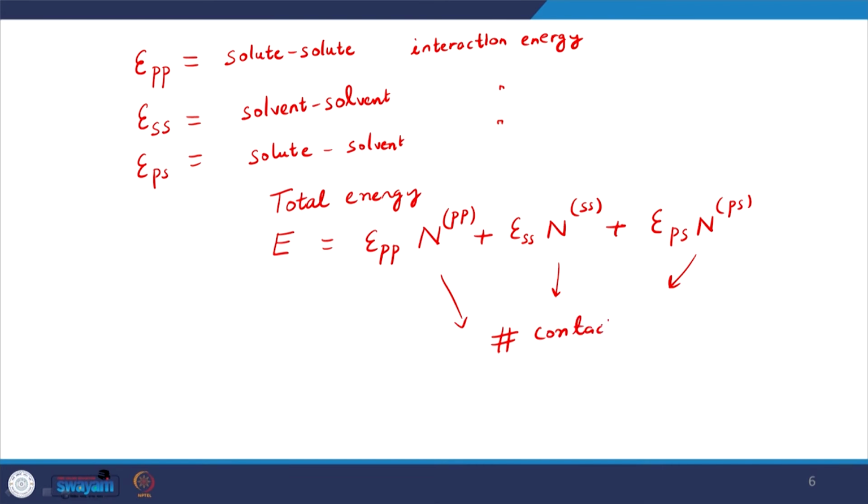So, npp is the number of solute-solute contacts, nss is the number of solvent-solvent contacts, and nps is the number of solute-solvent contacts, right.